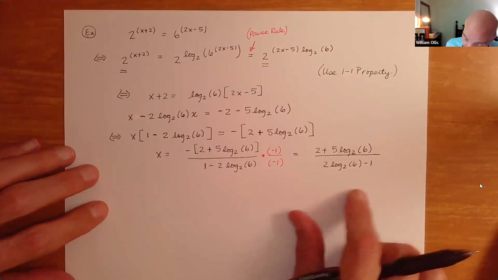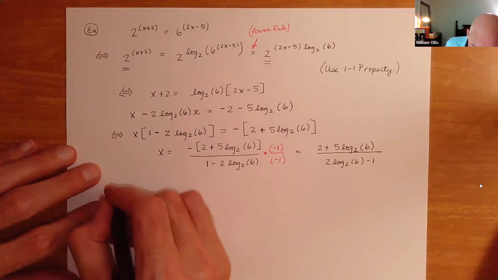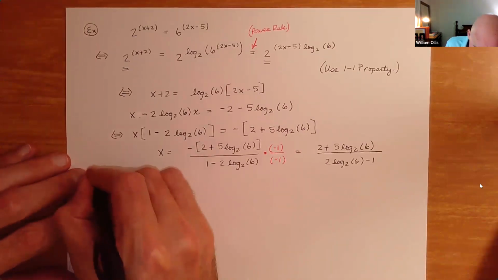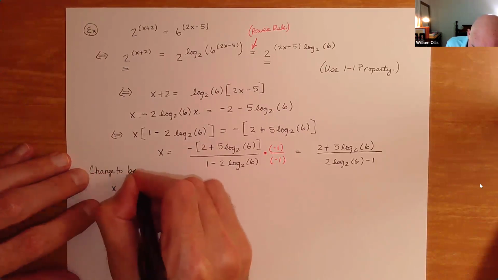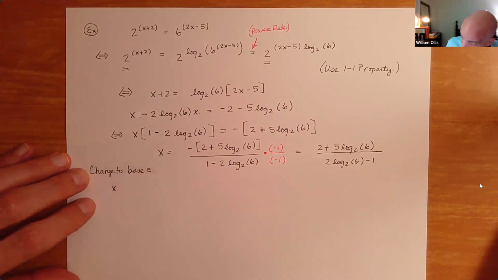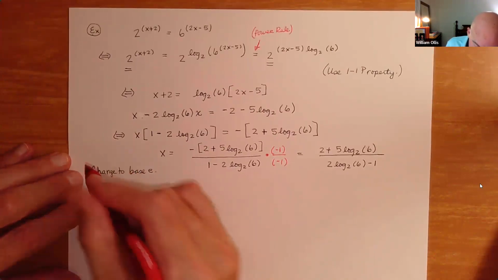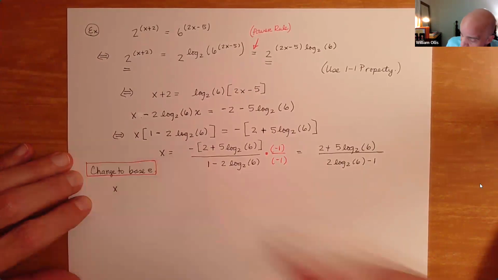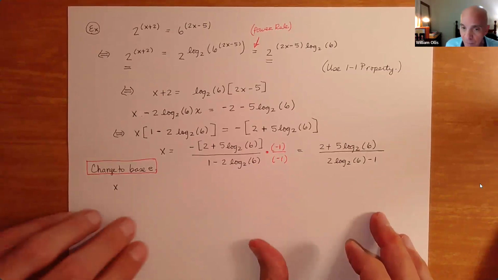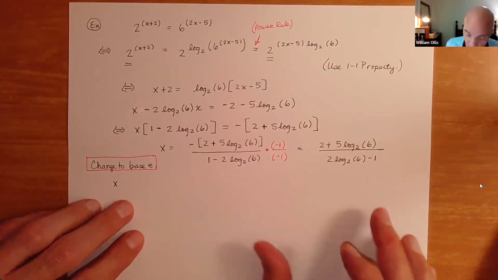So now let's just change to base e, just as practice. If we do as much practice with changing the base, you actually get better at it. Like I say, the key to refining your techniques is using them.